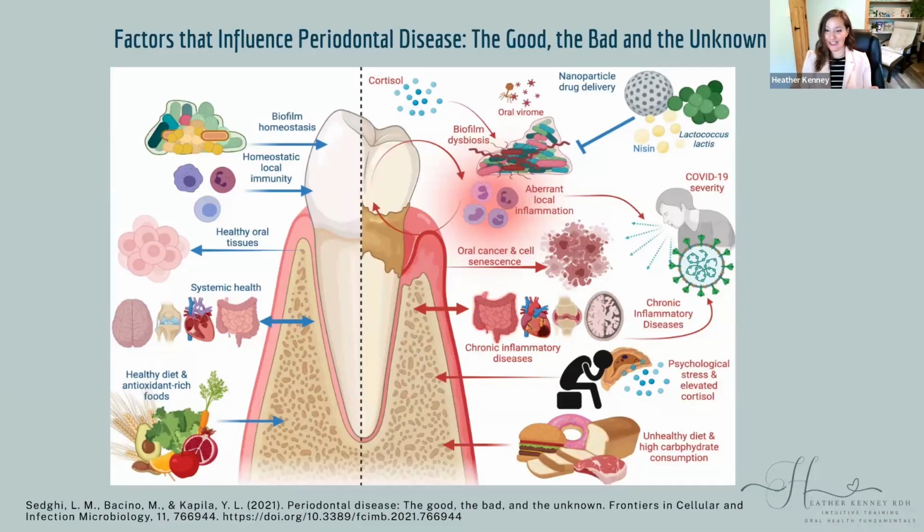They don't care if it's organic or not. So we have to have those conversations. And these are all of the different factors we have to look at. So often we just look at scaling and root planing and think that that's going to be our treatment always for our patients.